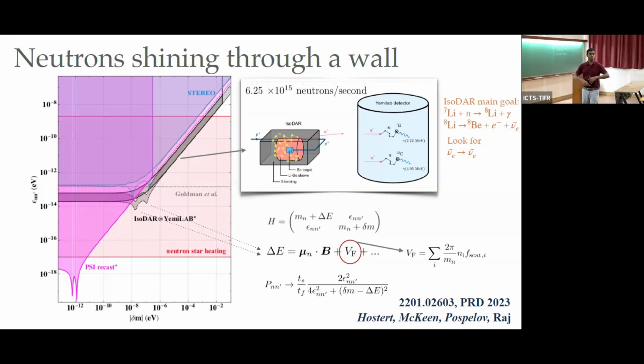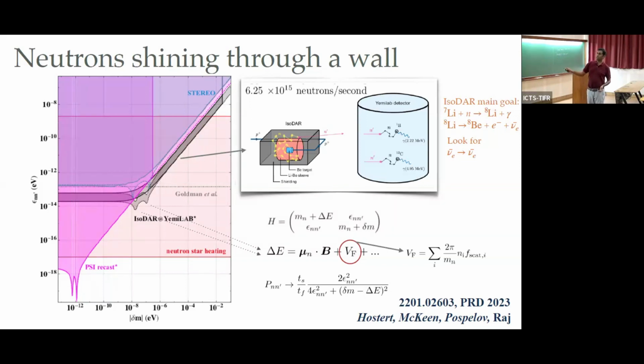And then you produce a chock full of neutrons, which is QCD crap, right? And then these neutrons get absorbed in a lithium-7 sleeve, a lithium sleeve that's just around the beryllium target, so that the neutron gets absorbed in the lithium-7 and produces lithium-8.